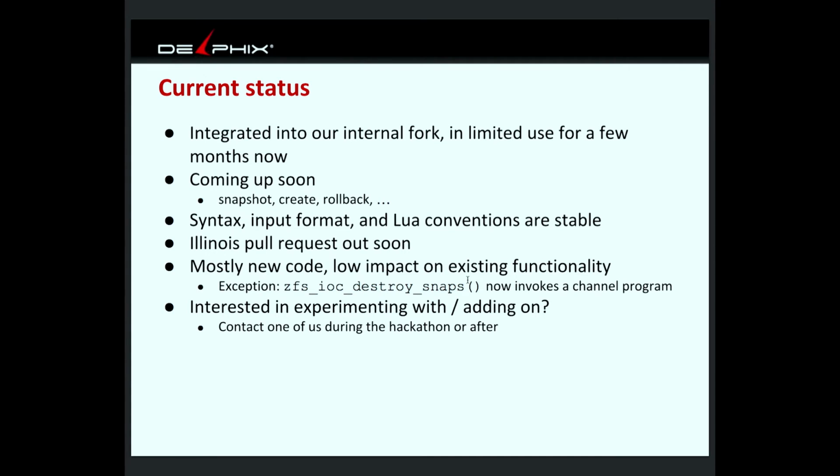Basically trying to expand to a point where we have most of the core libzfs functionality available to a channel program. The interface for this has reached a fairly consistent state. We can pretty well depend on what the output from a channel program is going to look like and how to control it without worrying that a library call or feature is going to change at some point in the future.